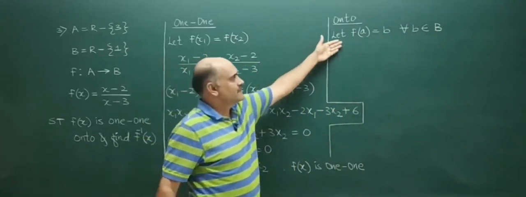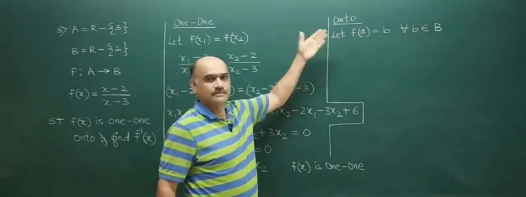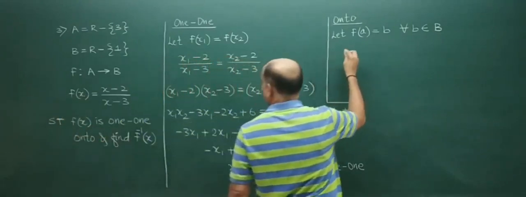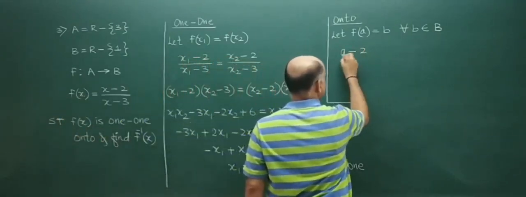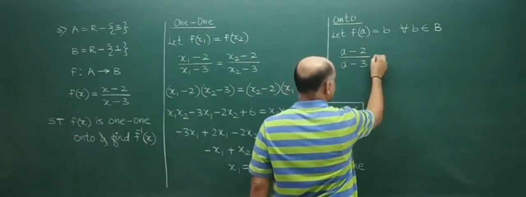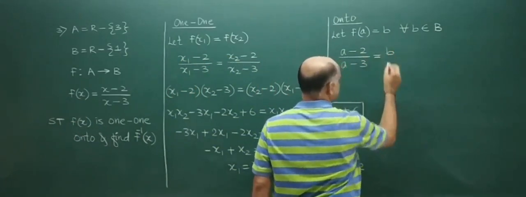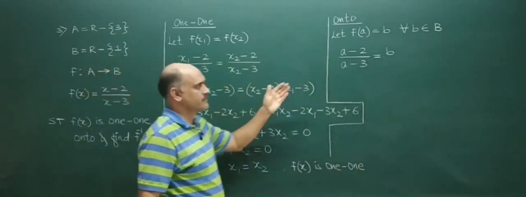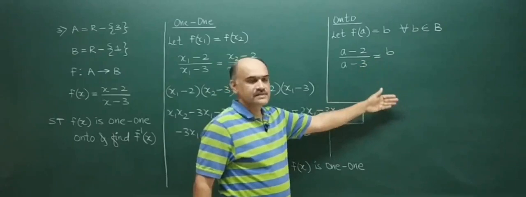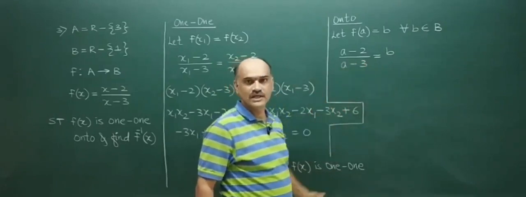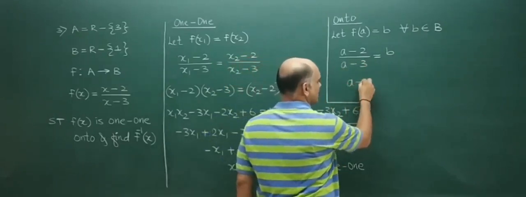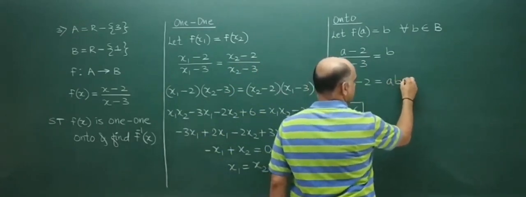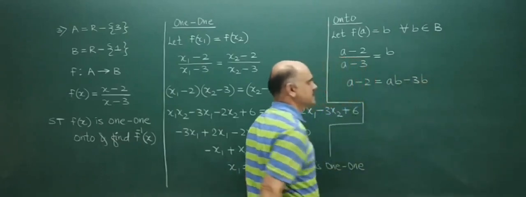Now again you simplify this, f of a is equal to b. If I substitute in the definition, f of a will be a minus 2 divided by a minus 3 is equal to b. Now simplify this and find the value of a. Therefore a minus 2 is equal to, if I cross multiply, ab minus 3b.